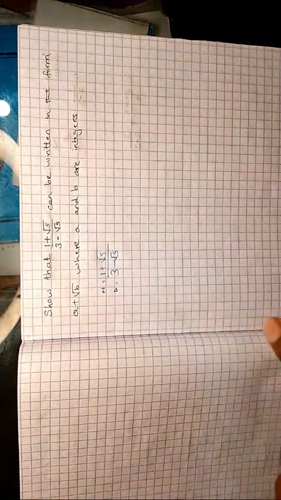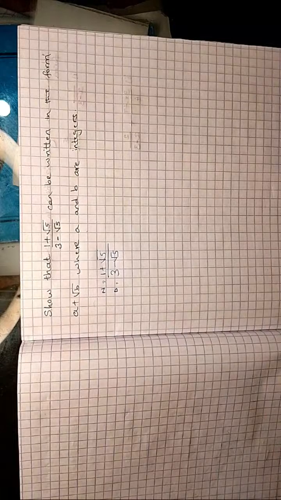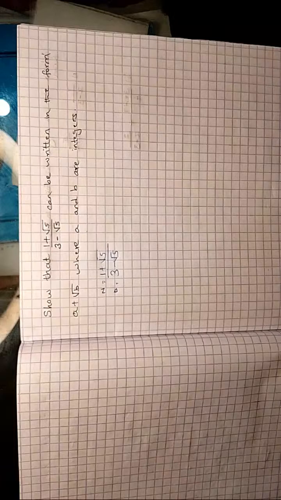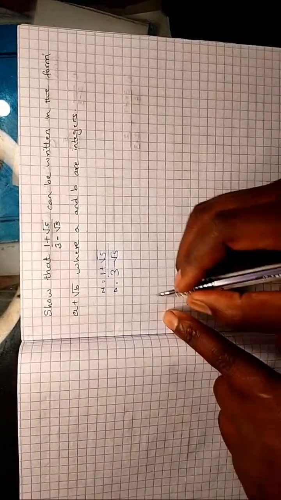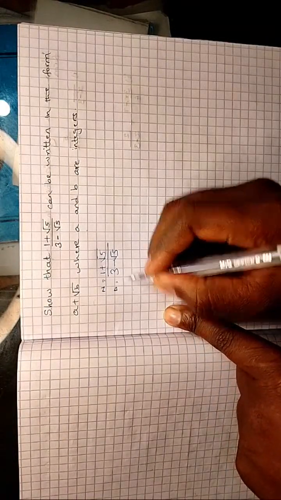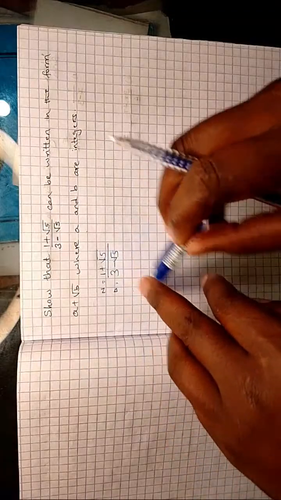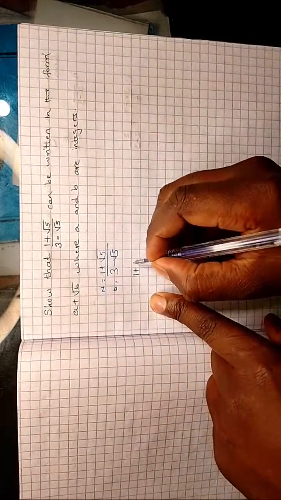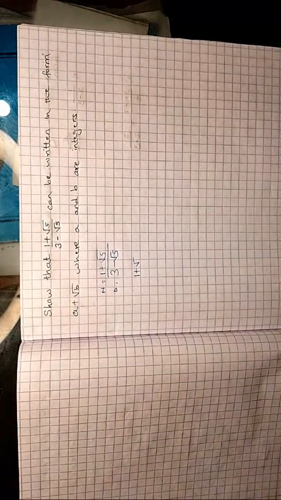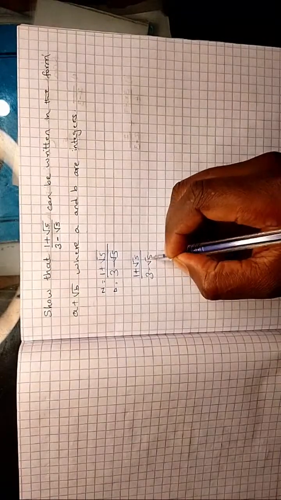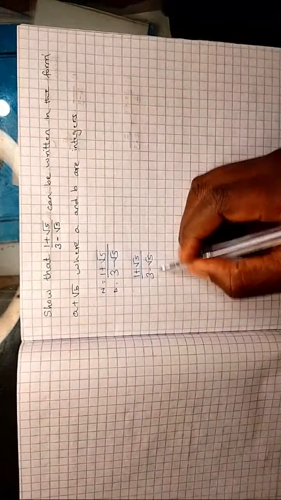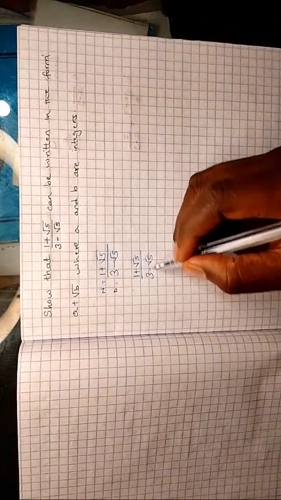In this question, we have the numerator and we have the denominator. When we have both, the first thing we do is look at the conjugate of the denominator, so that we can rationalize the denominator.